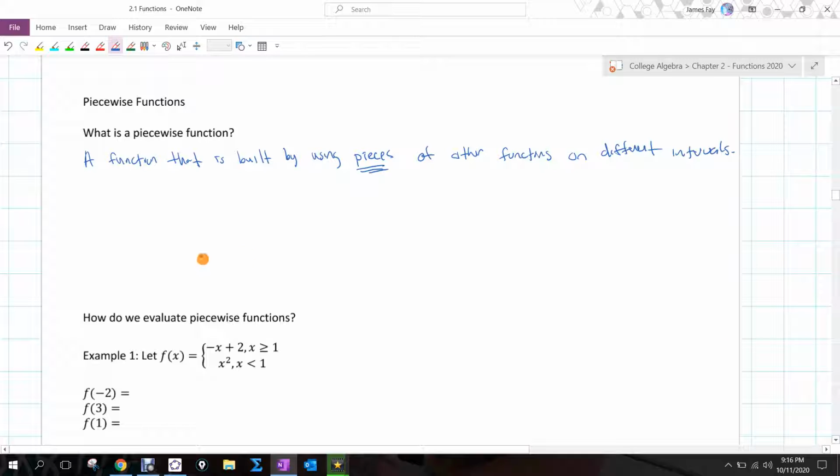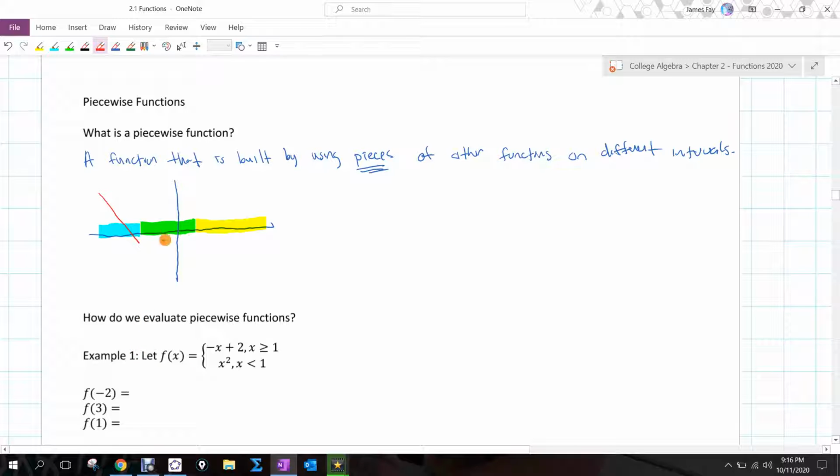So what that means is, if I've got this graph here, I'm just going to be very arbitrary. Let's just say I break it up into these different intervals. In the blue interval, I might have maybe that line right there.